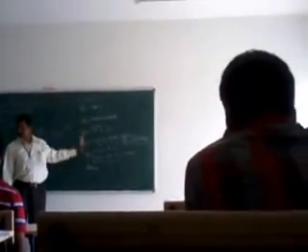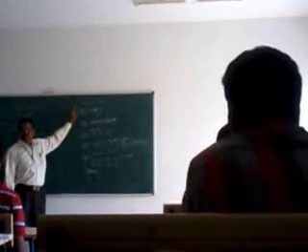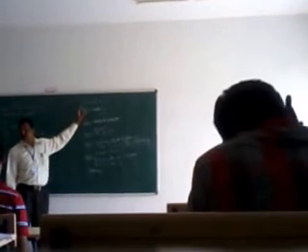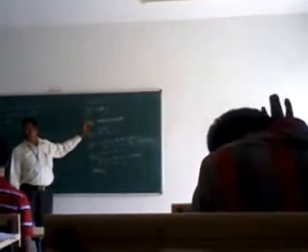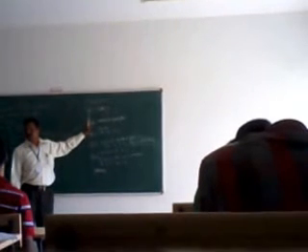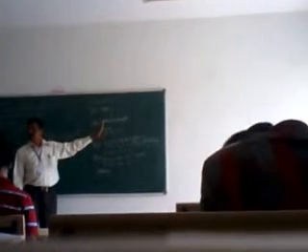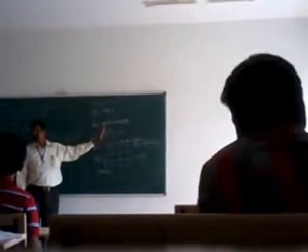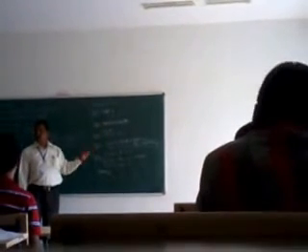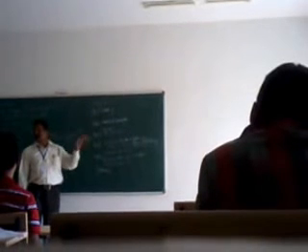So, what is the first step? Declare or find the value of H naught equals 1. Step 2, calculate, find the given value. Step 3, find the value of the test. Step 4, always find the critical value or degrees of freedom.